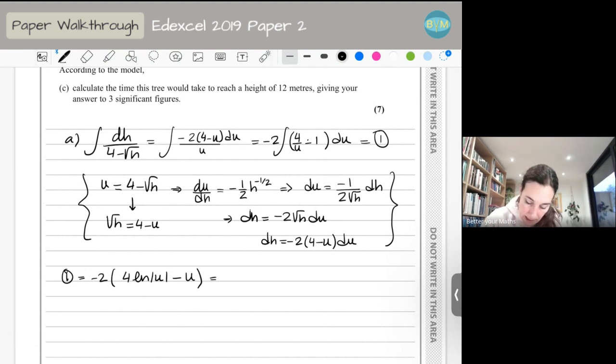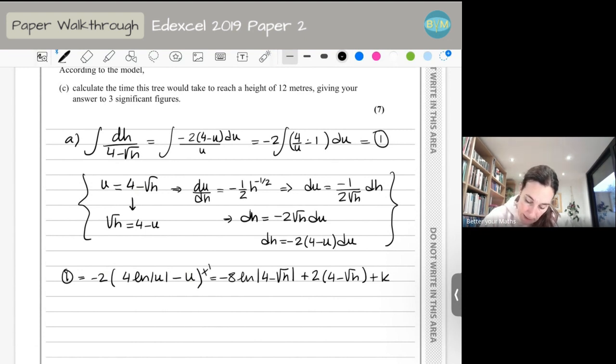And this is minus 8 ln u, but I have to go back to h. So u is 4 minus root h, so I can write that, 4 minus root h. I have the minus 2 multiplying minus u, so I have positive 2u. So positive 2u is 2 (4 minus root h), plus k, the constant of integration.